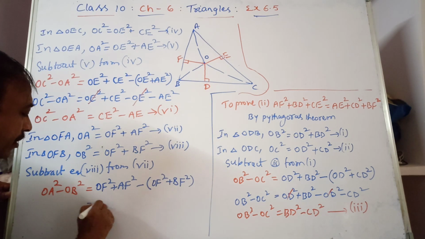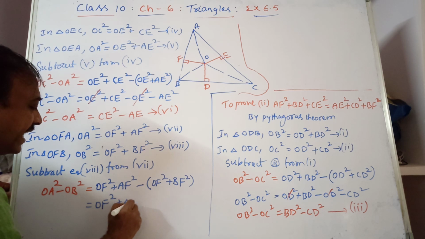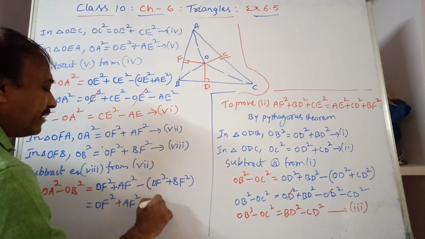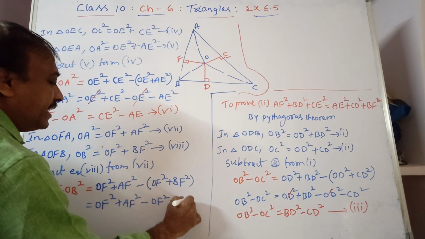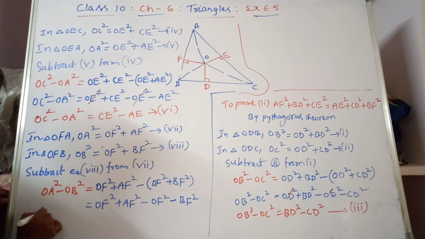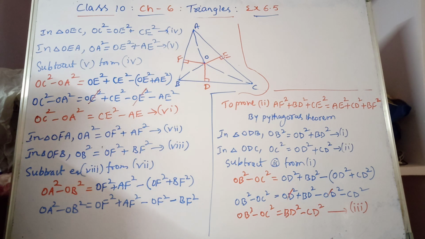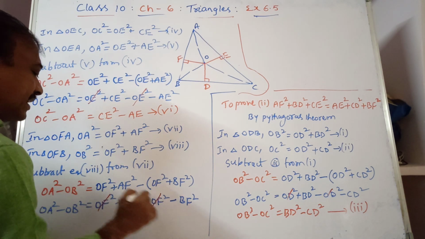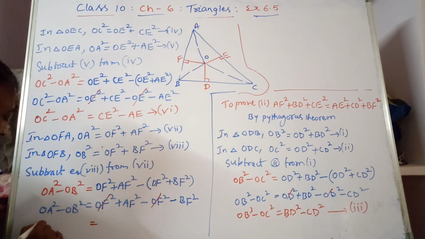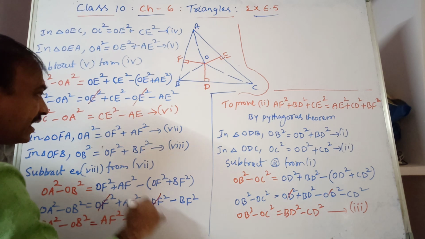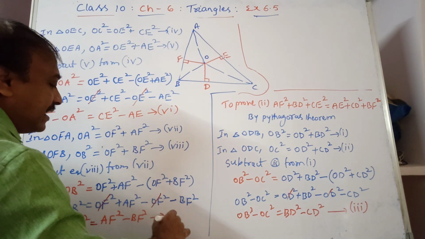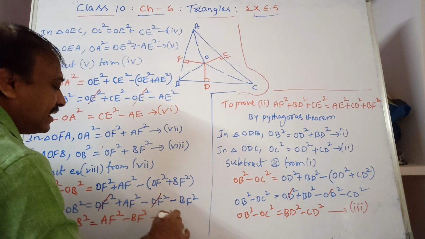Open the bracket: OF square plus AF square minus OF square, minus into plus, minus BF square. Here also OF square cancels. So what is left over? OA square minus OB square is equal to AF square minus BF square. Let this be equation 9.